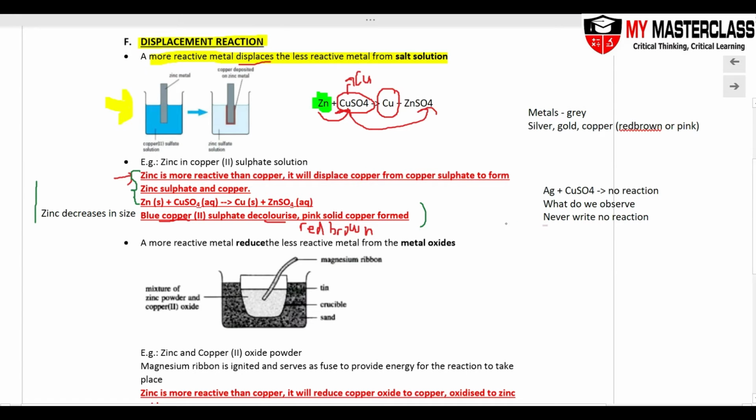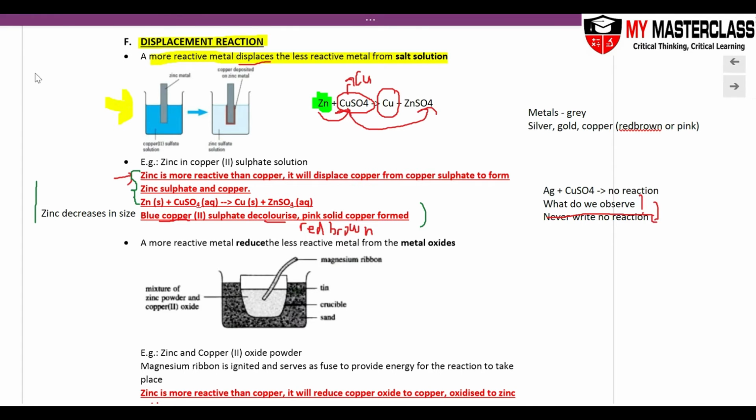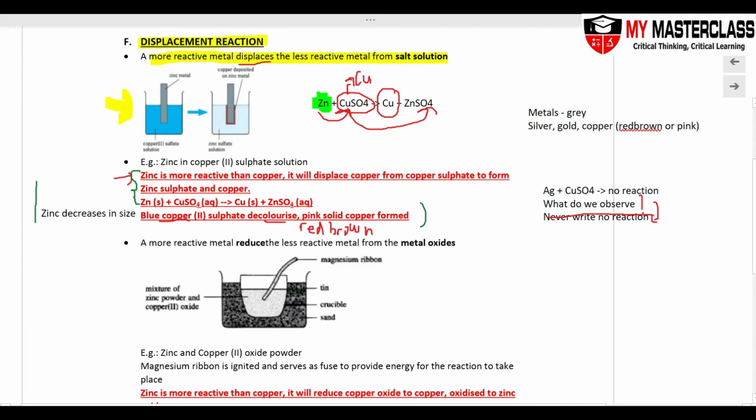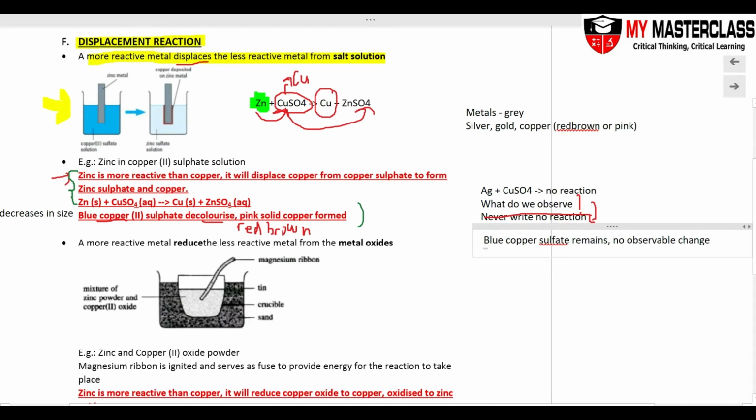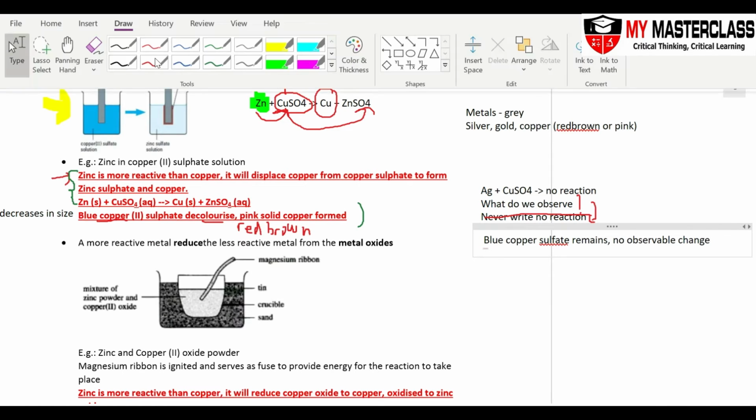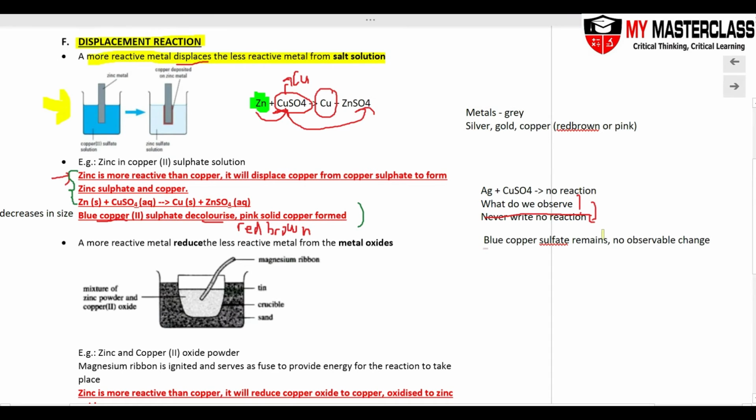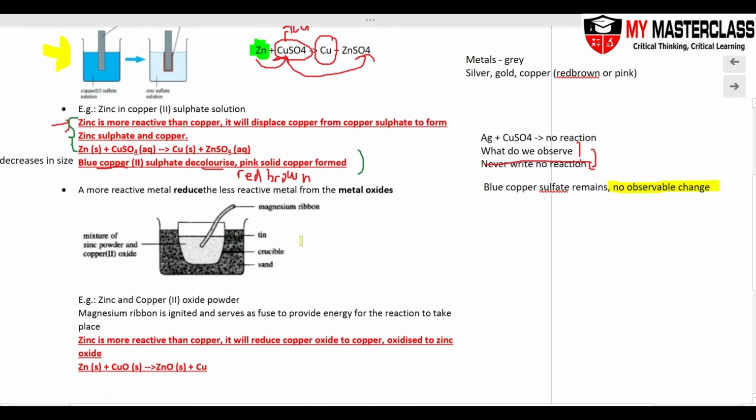What we have to write is blue copper sulfate remains. No observable change, because they ask what do we observe.